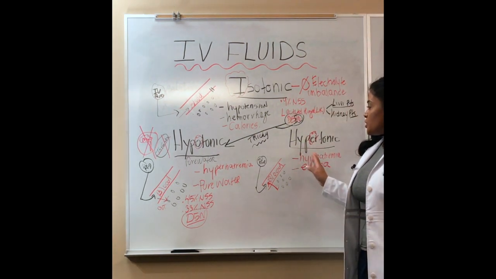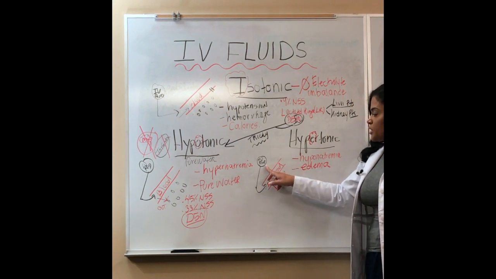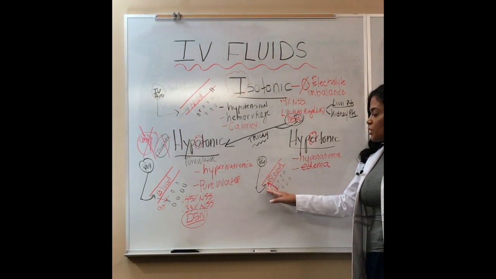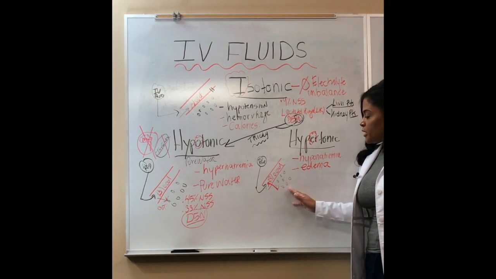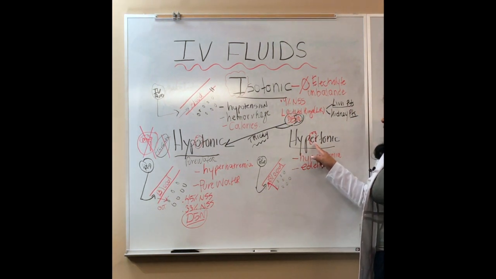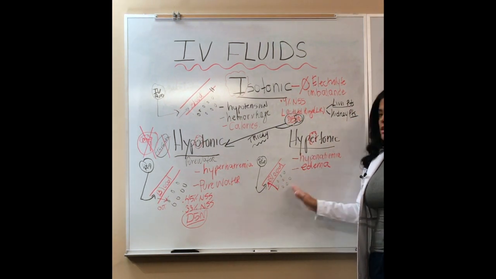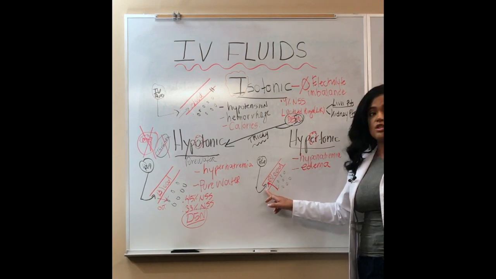Now we're going to move on to hypertonic. So we discussed earlier that a hypertonic solution goes into the circulating volume with the intention of having fluid draw into the circulating volume. So with the E for enter, any excess volume, excess electrolyte is going to go from the tissues into your blood vessel.